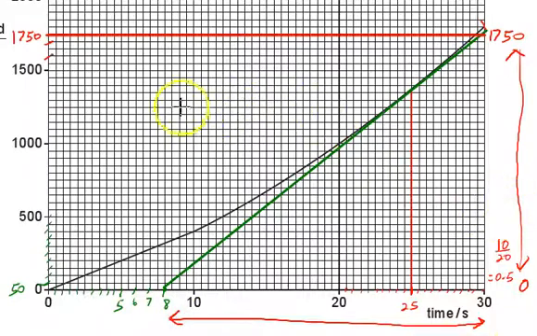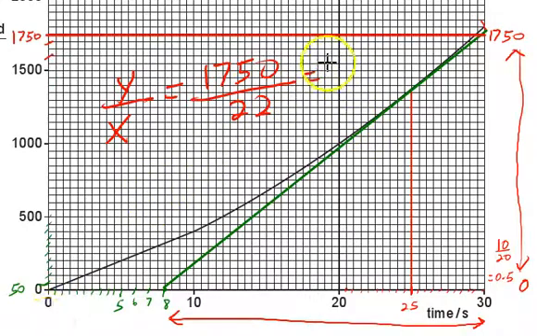All you need to do is find the gradient: we divide y by x. So here we have 1750 divided by 22. Let us calculate this.